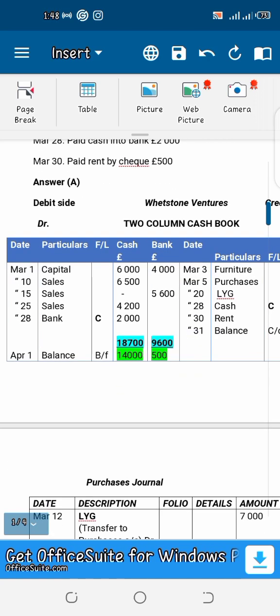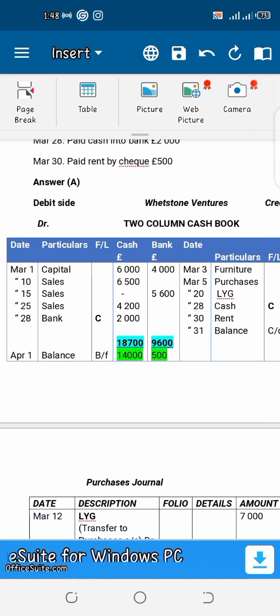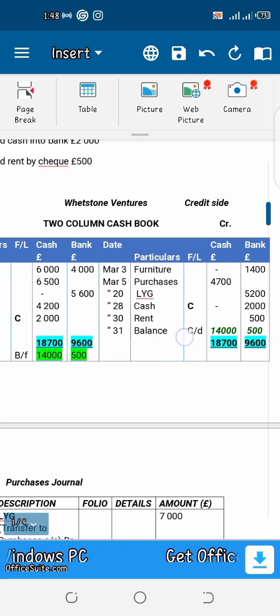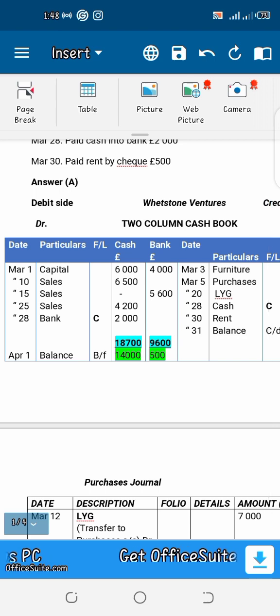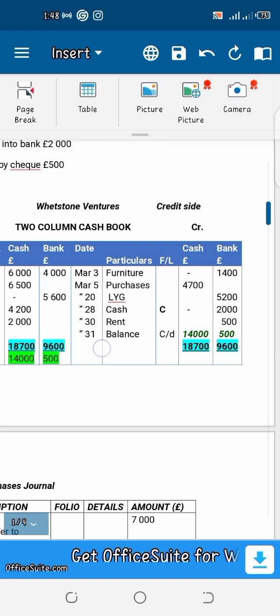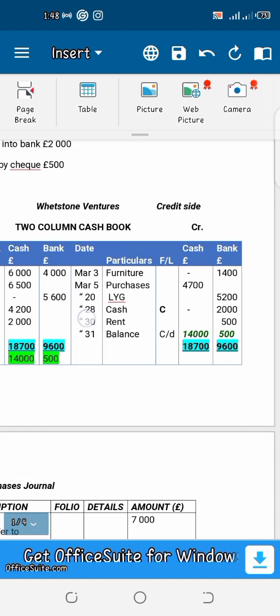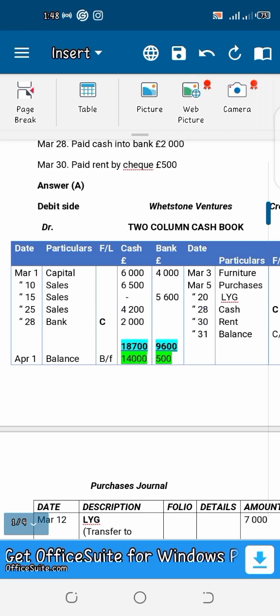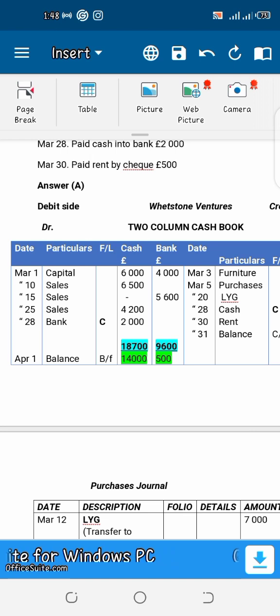As mentioned, the debit side is the receiving side and the credit side is the giving side. So when payments are made, they are recorded at the credit side, but when receipts are involved, we have to enter our transaction in the debit side.